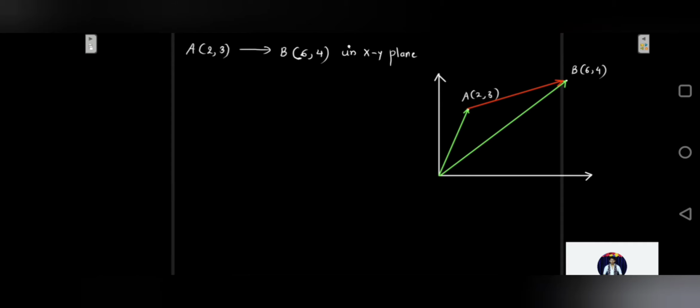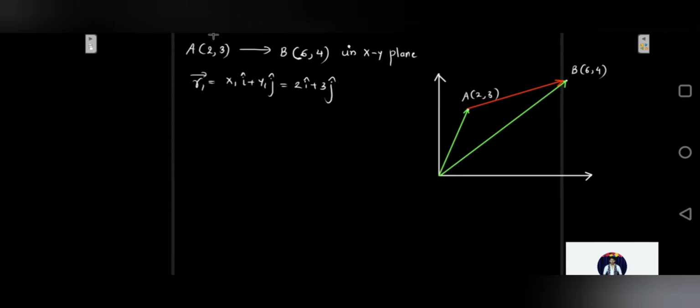Okay, so let me write down the two vectors. Vector R1, I'll just denote it x1 i plus y1 j just for understanding, so it is going to be 2i plus 3j.